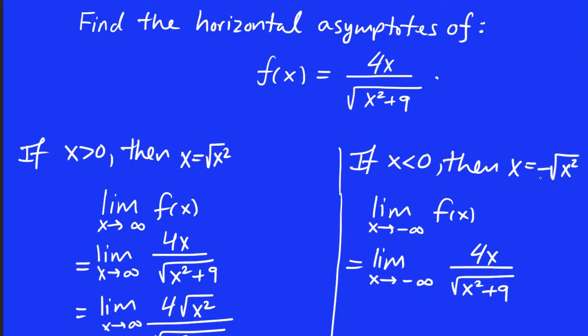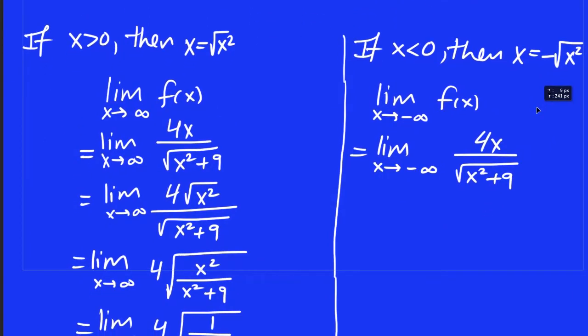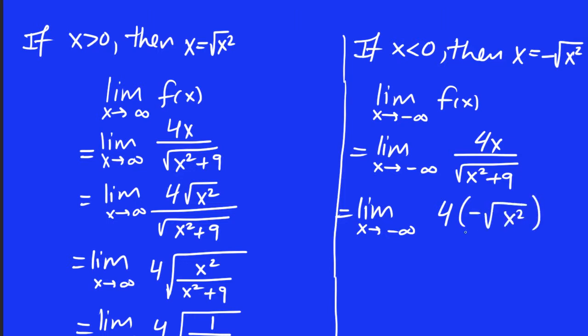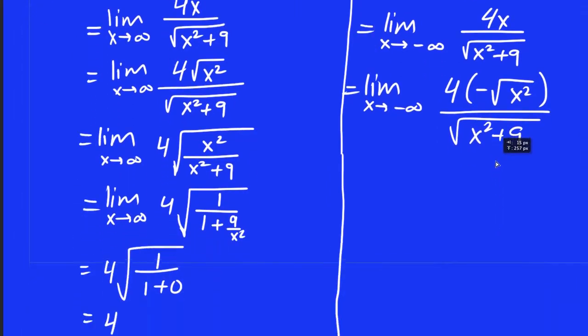If you think about that, you'll be convinced of it. And that's what we want to replace x by in this case. So let's do that. Instead of x, I replace it by minus the root of x squared. And since x is going to minus infinity, I definitely know that x is negative.